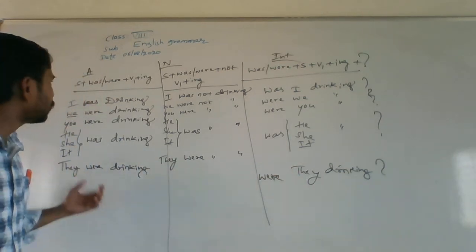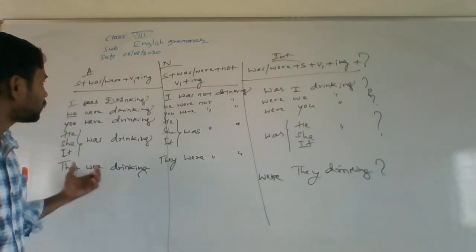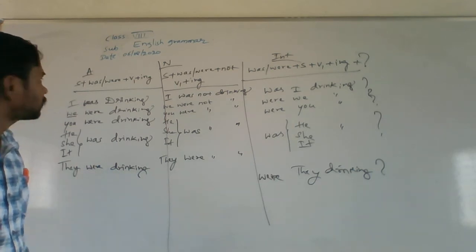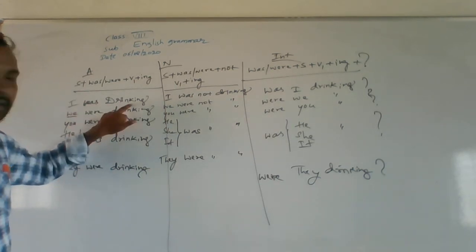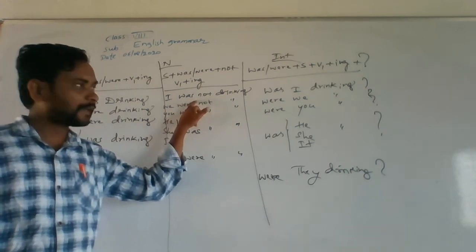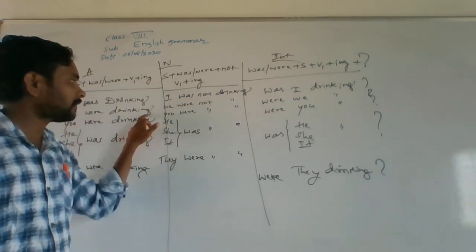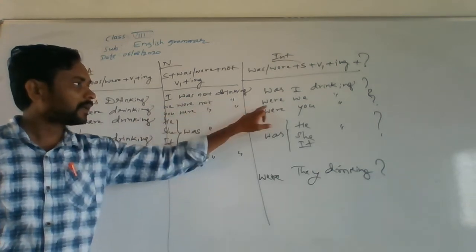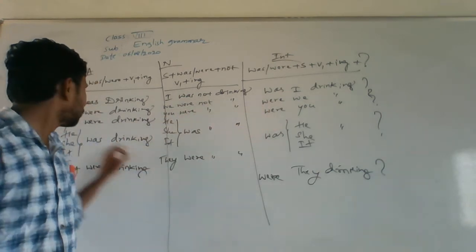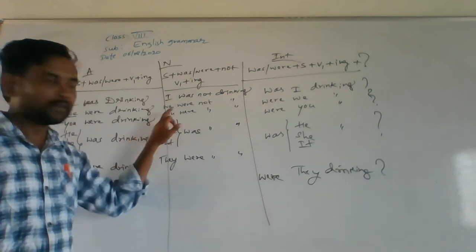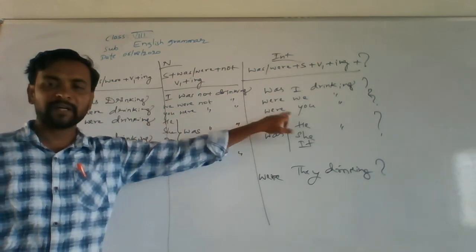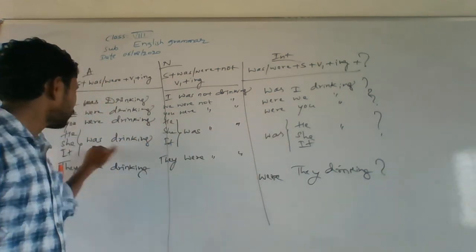This is how you change the sentences. I was drinking. I was not drinking. Was I drinking? Then we were drinking. We were not drinking. Were we drinking? You were drinking. You were not drinking. Were you drinking? He was drinking.